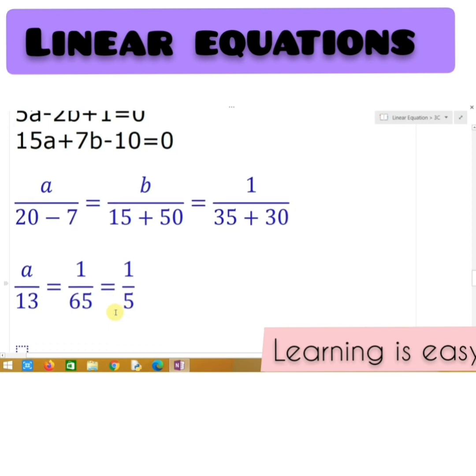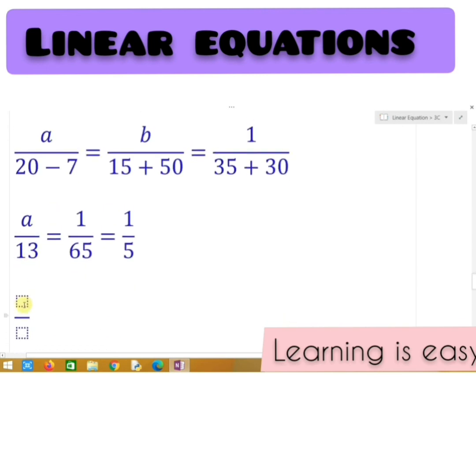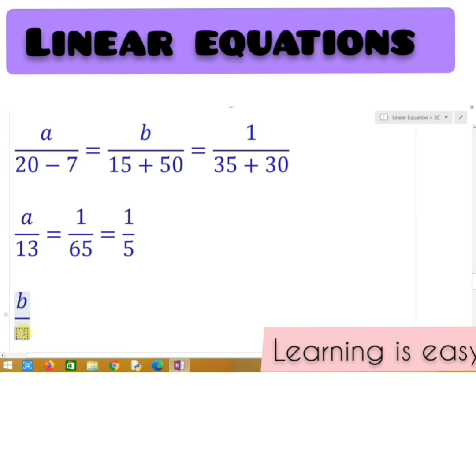Next we can do the similar way for b. b by 65, 50 plus 15, so 65 equal to 1 by 65. So the value of b is 65 by 65, that's 1. A is 1 by 5 and b is 1.